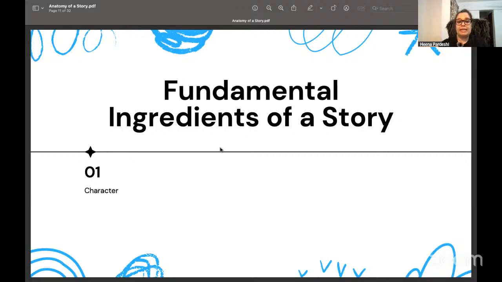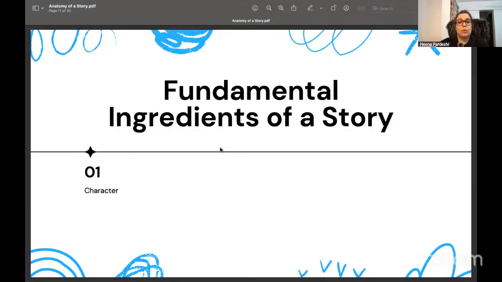A story begins when someone wants something, okay? Without a character, there is no emotional anchor for your story. We need a consciousness through which we experience the world. In fiction, this is often your protagonist, or as we call the protagonist, the main character, the MC.